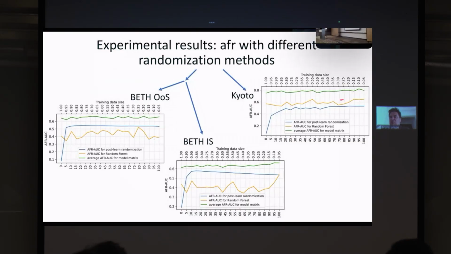And we are now also working on completing and making more exhaustive experiments to attest this. And in order to compare the different classifiers, we use the AFR, the metric that we just introduced.